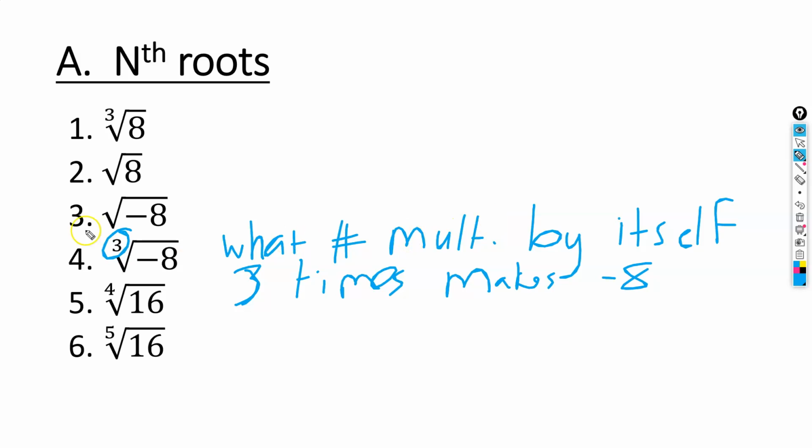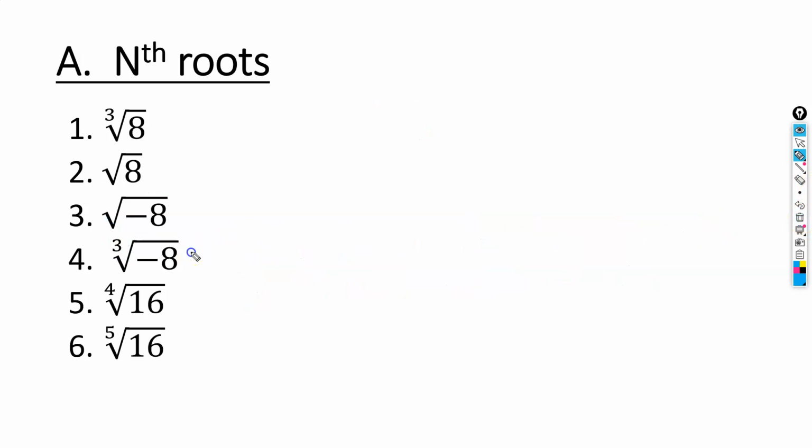Well, unlike number 3 up here, there was no such thing that you could multiply by itself twice to get negative 8. Actually, there is a number that you can multiply by itself 3 times to get negative 8, and the answer is negative 2. Just check it out. Negative 2 times negative 2 times negative 2 actually makes negative 8. And so this one is not an imaginary answer. This one actually gives a real answer.